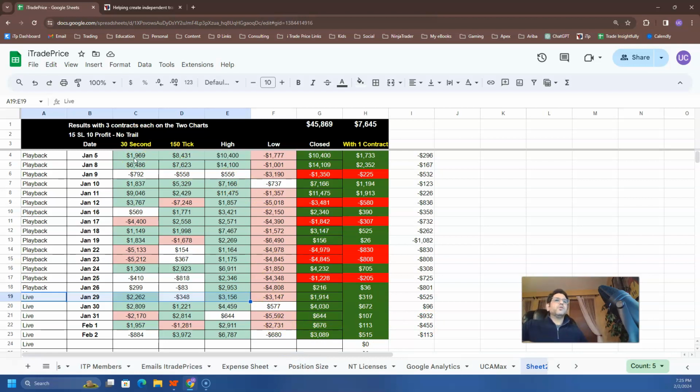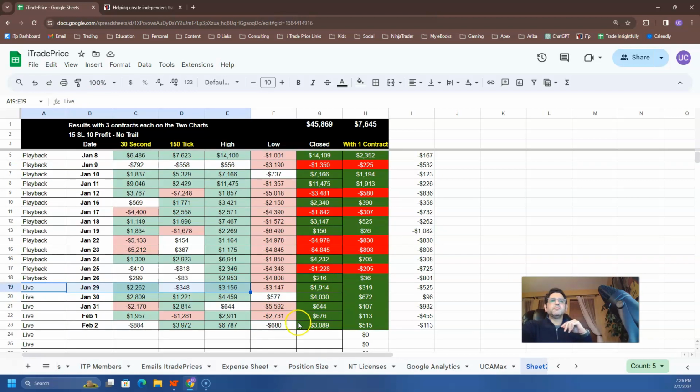Let's say you pass the evaluation, you get into a PA account, and then your PA account is up as well, and you have like $4,000, $5,000, $6,000 worth of cushion. Again, I'm talking about maybe 2, 3 contracts, but if you're trading one contract, let's say you have $2,000 worth of cushion over and above your threshold, then yeah, I think things can look good, right? But I want to see it a little bit more.